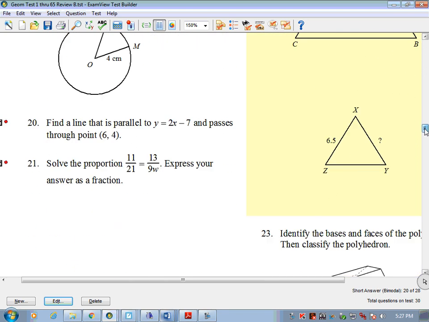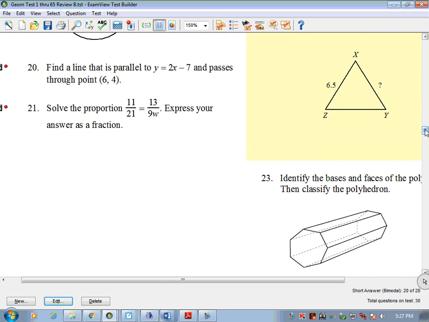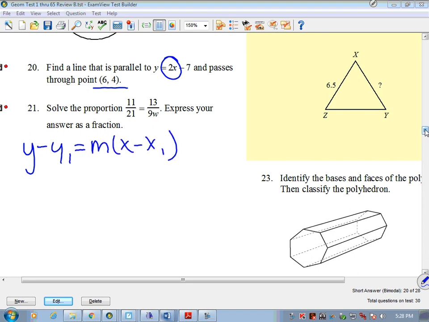Number 20, 2/3 of the way done, hope to be done soon. Find a line that's parallel. We've talked about this in the beginning. So we want something that uses 2x, goes through this point. So y minus y1 equals m times x minus x1 would be the formula I would use. So y minus 4 equals my slope, which is 2, times x minus 6.